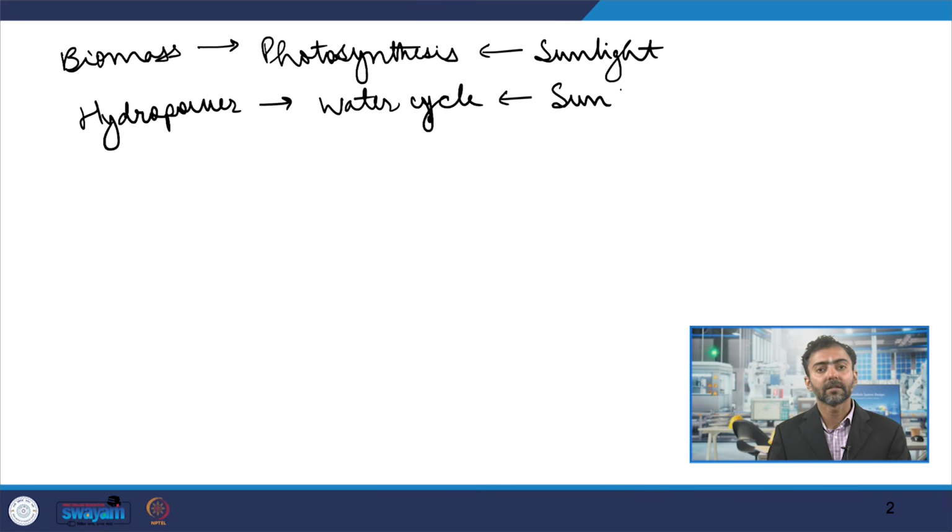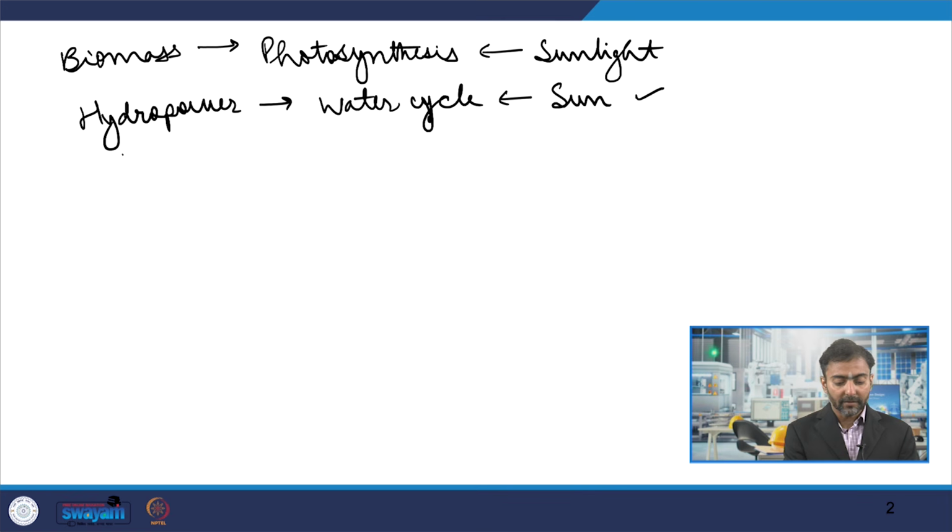The solar radiation is what evaporates the water from the different water bodies, be it the oceans, rivers, lakes, any type of water bodies. The sun's energy is used for evaporating the water, and then the water vapors condense and form clouds, and then precipitation happens from the cloud, and the water comes down to the rivers. Then on the flowing rivers, we construct either a dam or use a run-off river hydropower plant to produce the hydropower. So again, this is also traceable back to the sun.